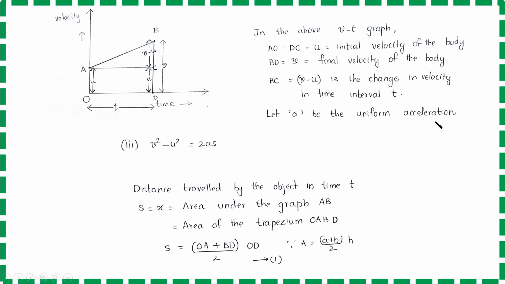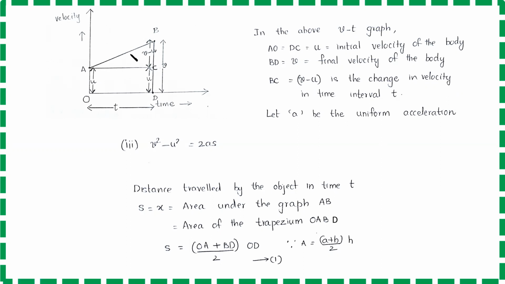And a is the uniform acceleration. Let us take first the distance traveled by the object in time t. Just now in the previous equation also we have seen that displacement or distance, whatever it is, is given by the area under the graph. Area under the graph is AB.